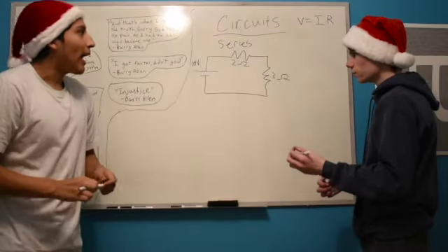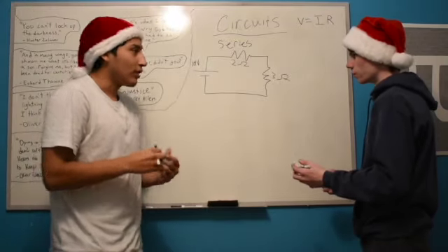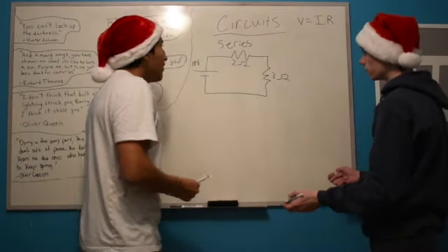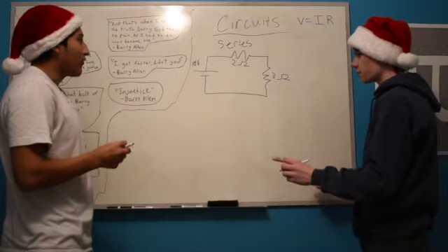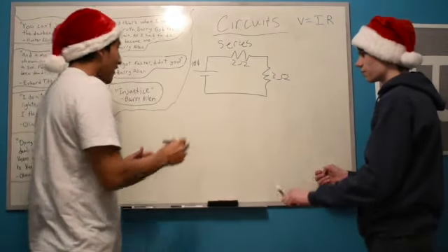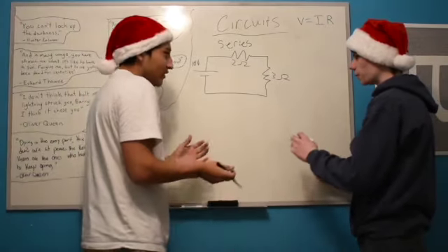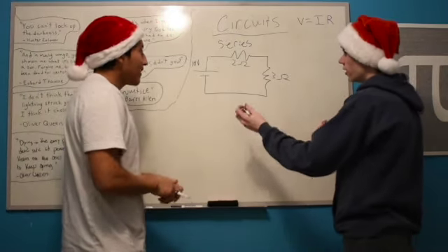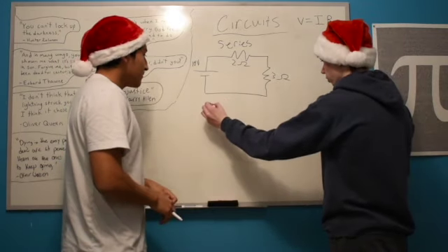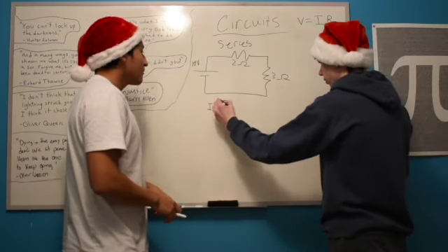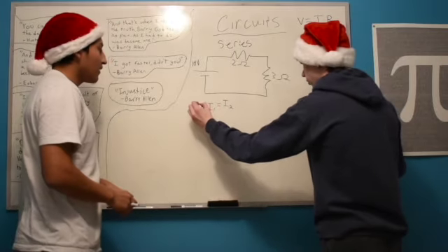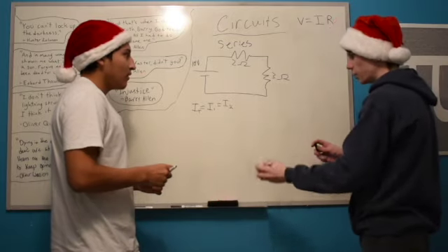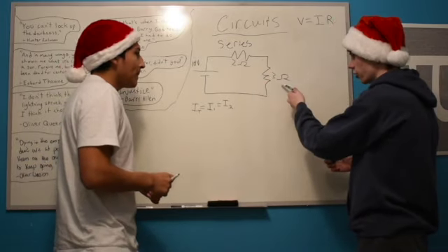Each one is going to have a different current running through it, which you can find using the equation. But right now we're going to cover how to calculate the total resistance and current. First we need to establish that the current is equal everywhere in a series circuit. So the current of the whole thing is equal to the current at one resistor, which is equal to the current at the other.